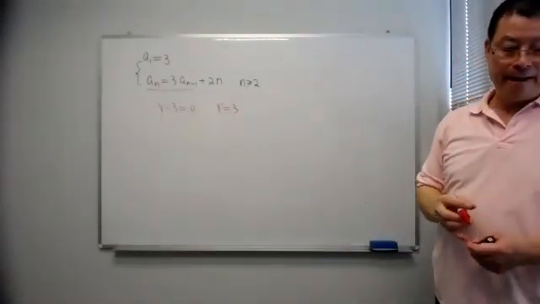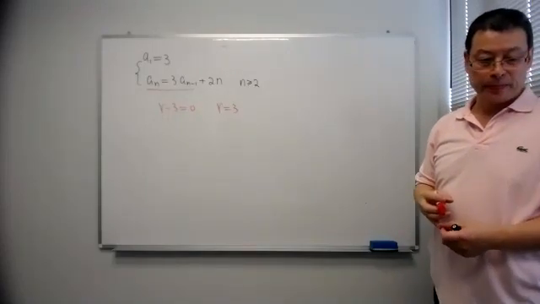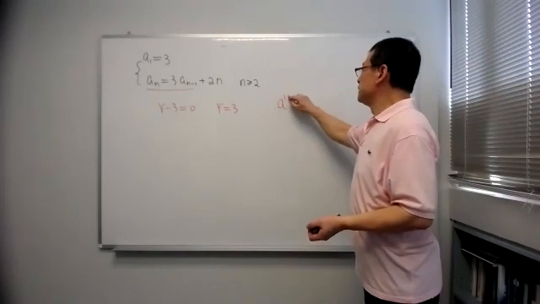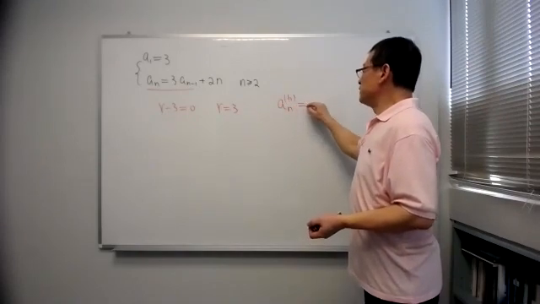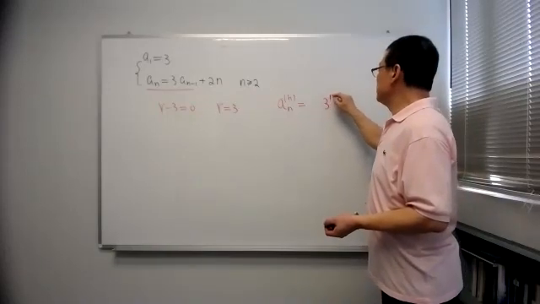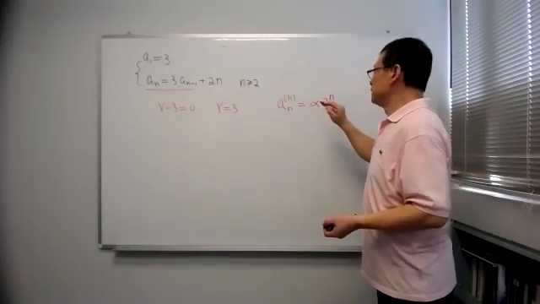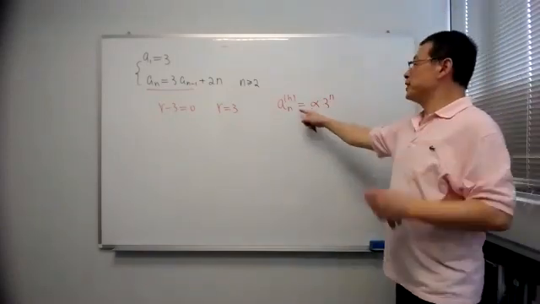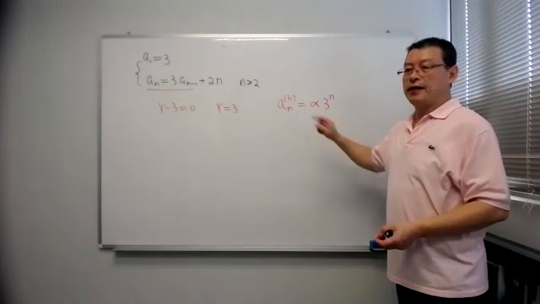All right. So the homogeneous part will have the form here, 3 to power n times a constant. So we have this form. So that is the form from the homogeneous part. Right.